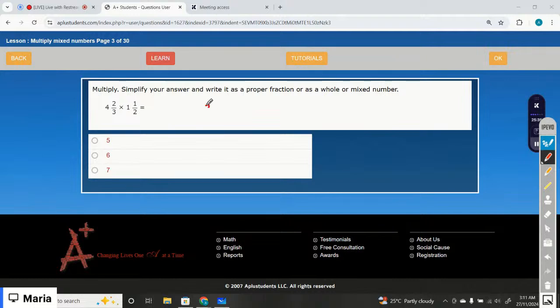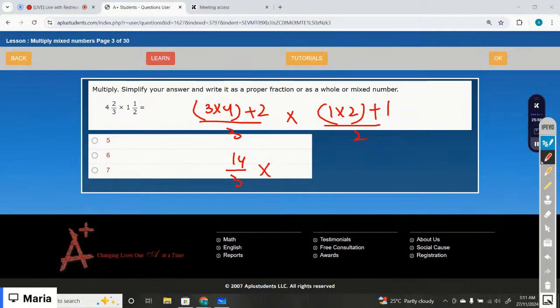So you have to do 3 times 4 plus 2 over 3, 1 times 2 plus 1 over 2. That is 4 times 3 is 12 plus 2, 14 over 3. And 2 times 1 is 2 and 1, 3 over 2.